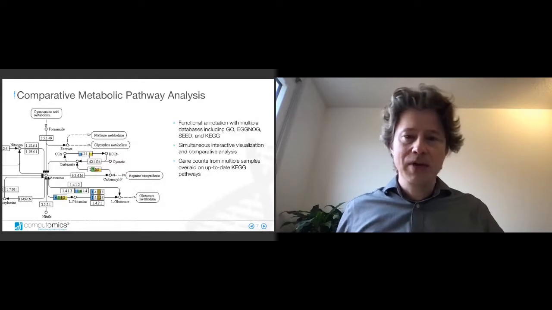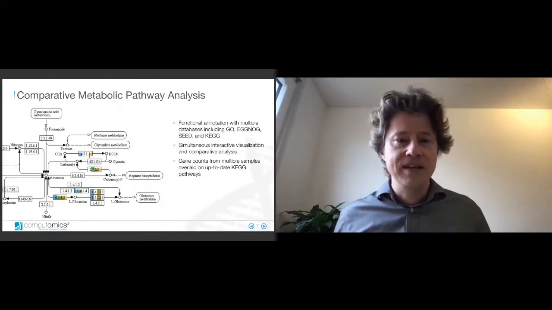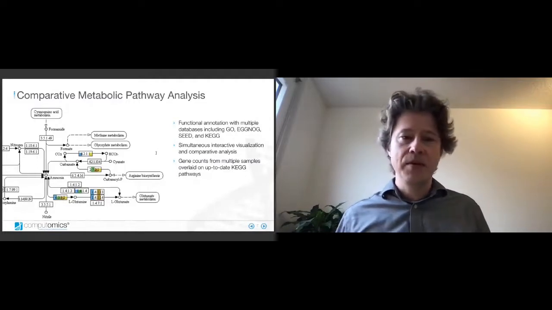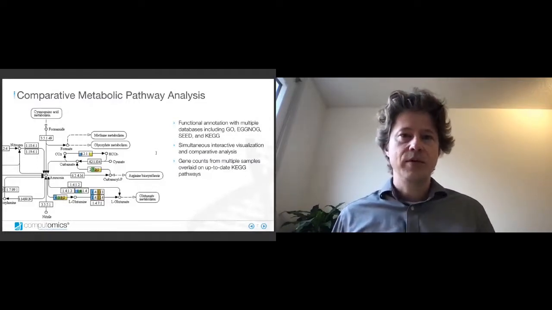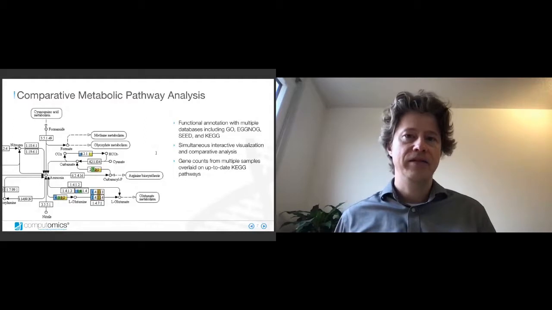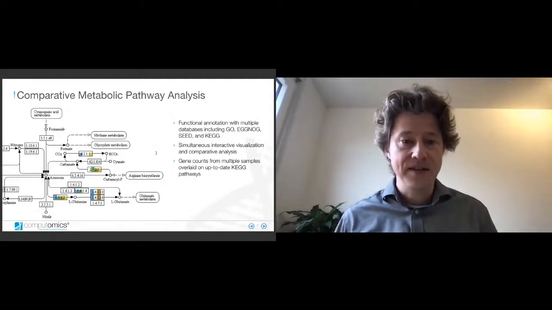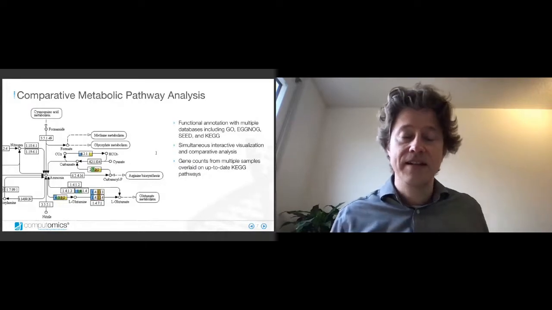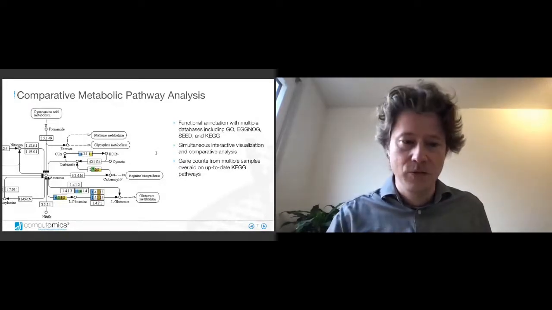So this can be a really good start for further analyses, and you don't need to take any extra steps. So with the same data processing that is required to do the taxonomic analysis, you can already start with the functional analysis, because it's all handled internally with MEGAN.